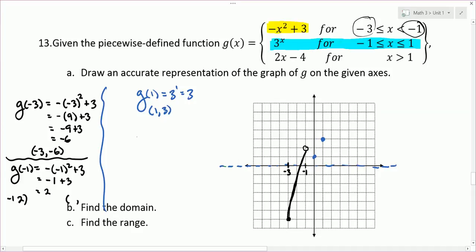If we plug in -1, which again we need, it's another endpoint, we get 3 to the power of -1, which is 1/3. And this one we're going to have to graph because that is an endpoint. So -1, 1/3, about right there.